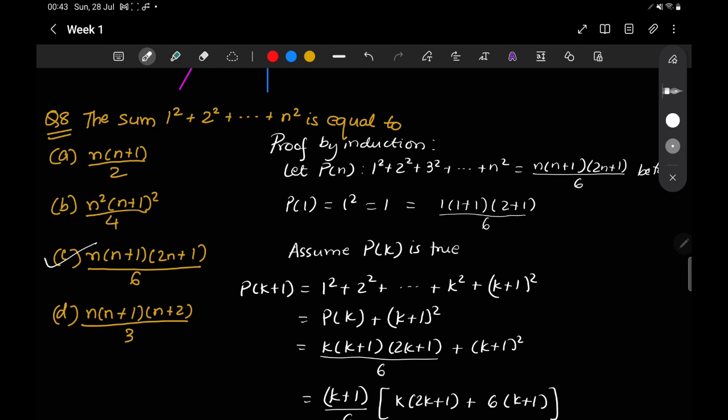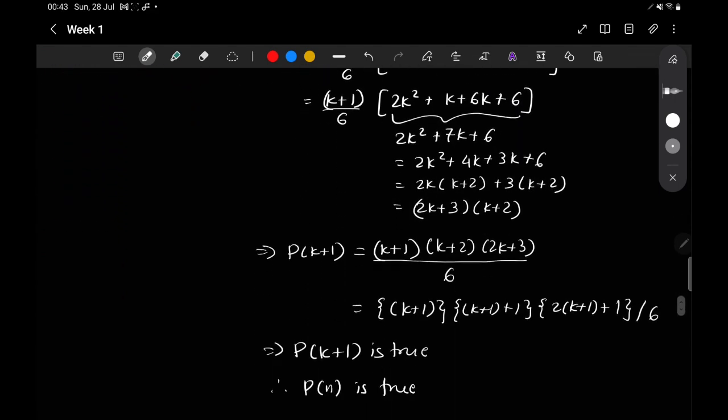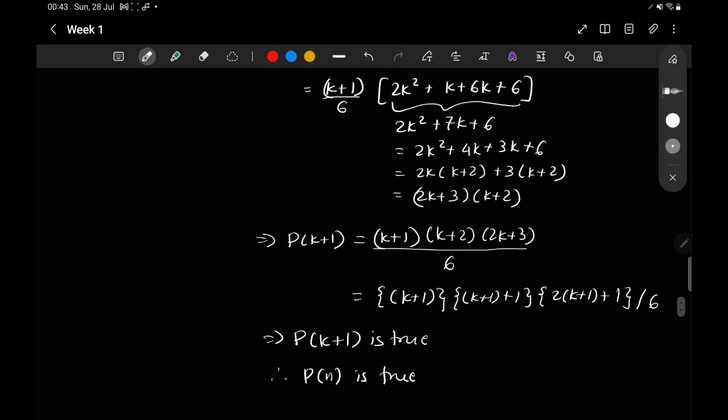Because if k takes any value, and if k plus 1 is also satisfying, then no matter what value of k you take, k plus 1 will also satisfy. As a result, it will satisfy for all values of k, and meaning for all values of n. So that's the crux of proof by induction.